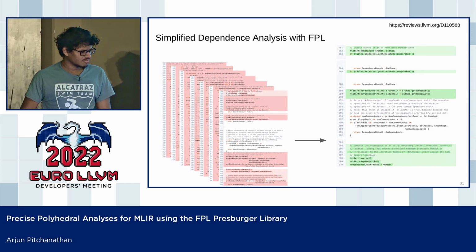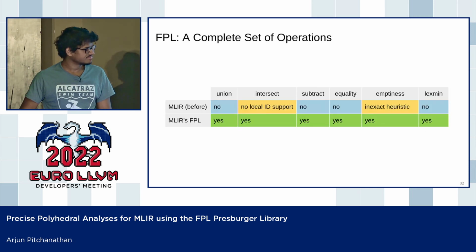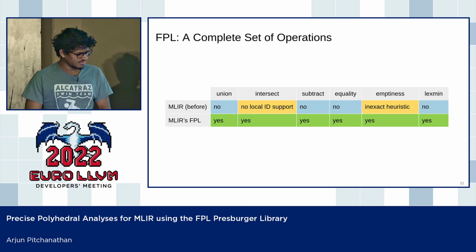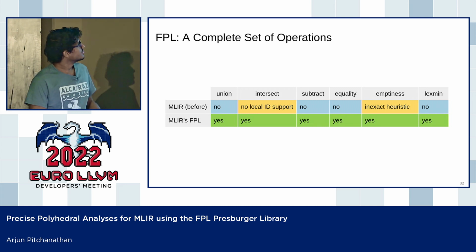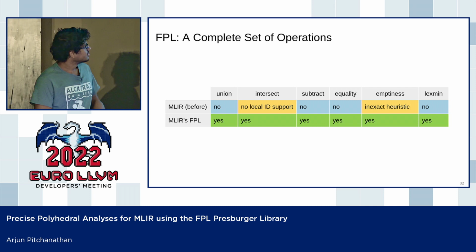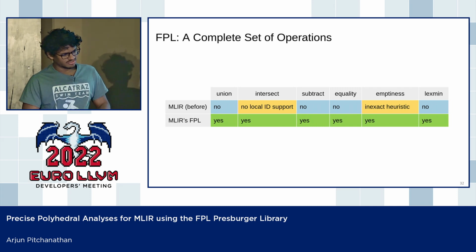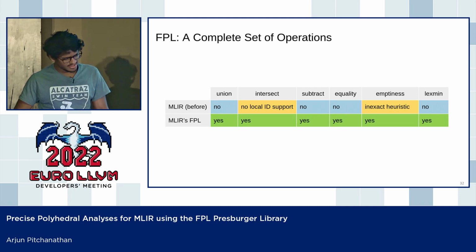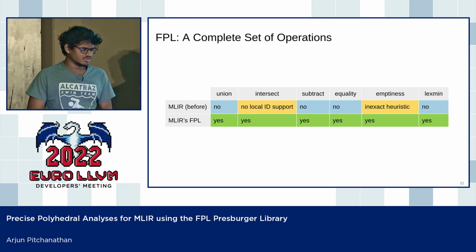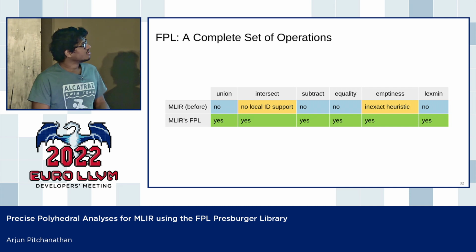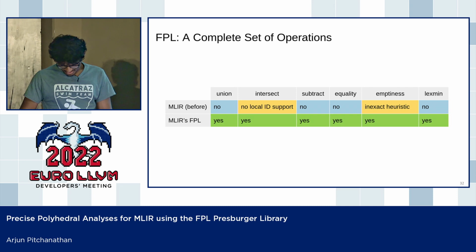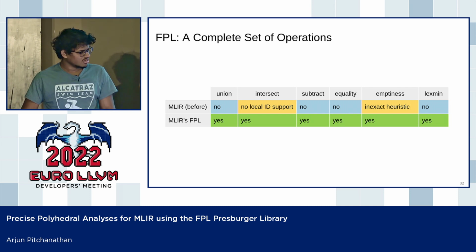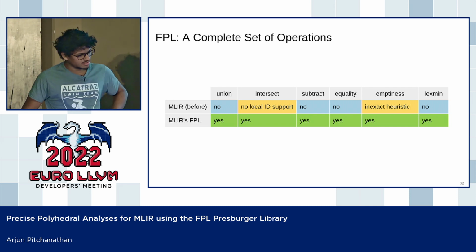So that was very fun. Before we started our upstreaming efforts, there was limited support for intersection, but they didn't have the merging stuff, and there was some support for emptiness checks, but it was an inexact heuristic. After our upstreaming effort, we have the union, intersection, subtraction, equality, emptiness, and Lexmin. So that's nice.